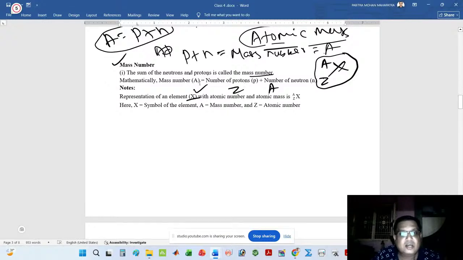Here, atomic number is your Z, mass number is your A. For an element X, we can write it as X with Z and A. This is the symbol.